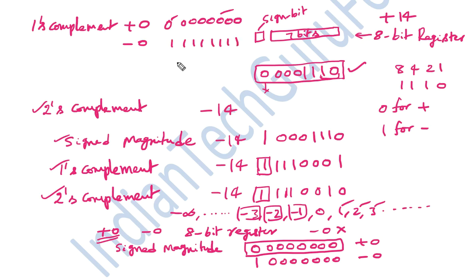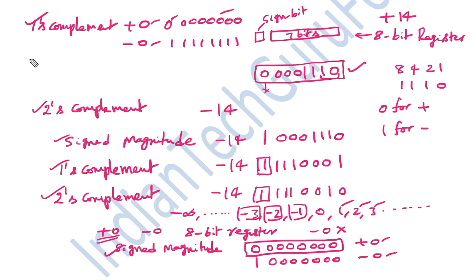That is why in signed magnitude and in ones complement there is a plus 0 representation as well as a minus 0 representation, which is actually invalid. We should not have plus 0 as well as minus 0. We should have only plus 0.